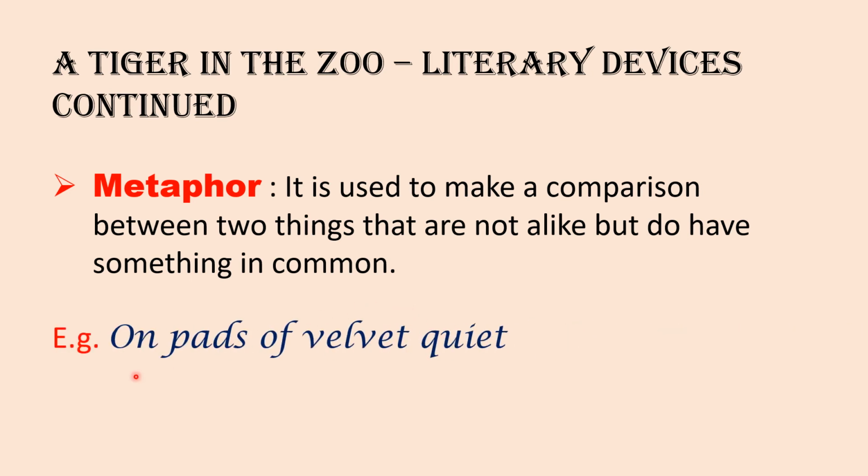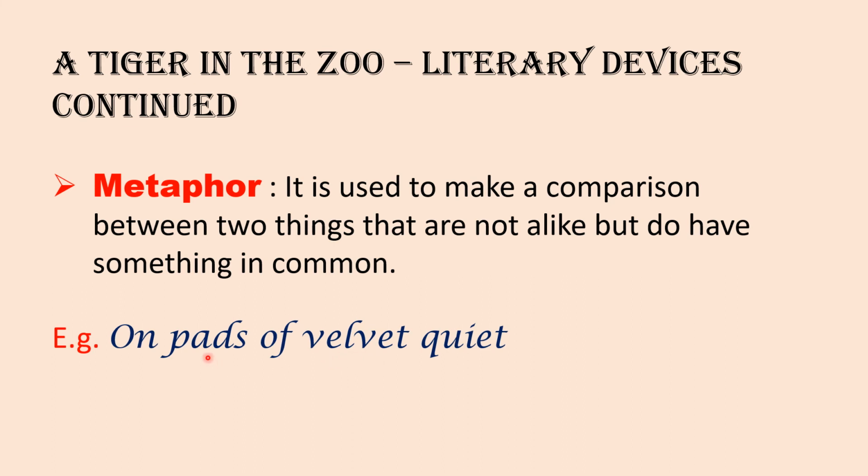Let's see the example from the poem and understand it. The example is "on pads of velvet quiet." Here, what has been done? The tiger's pads. What are pads? Under the tiger's paws, there is something very cushy, made of flesh, so that when the tiger walks, he doesn't make any sound. These pads are very soft and smooth, like velvet. Velvet is a fabric which is also very soft, silky, and smooth.